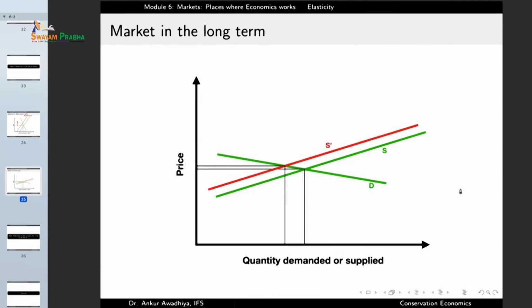Also, in the long term, the supply also changes, because if the price is large, then more and more people would start to extract the oil. So even those oil firms that were not competitive enough in this market, because the prices were low and they had a very high cost factor of extracting the petroleum, they will now enter into the market.